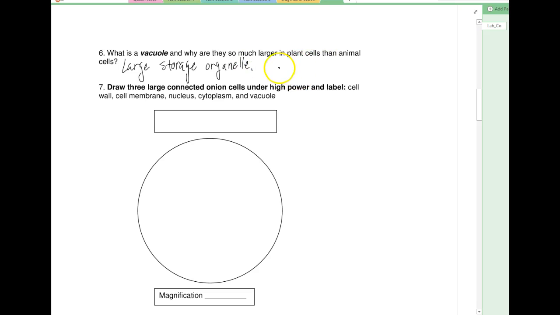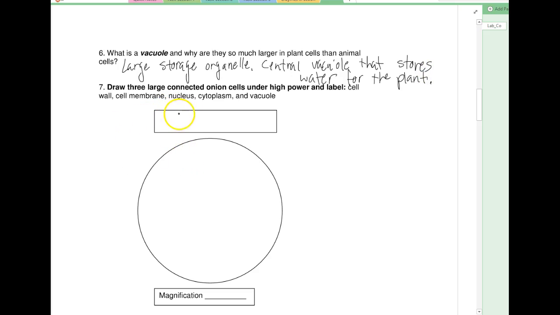They're much larger in plant cells because they have a central vacuole that stores water for the plant. Plant cells contain a central vacuole that stores water for the plant.